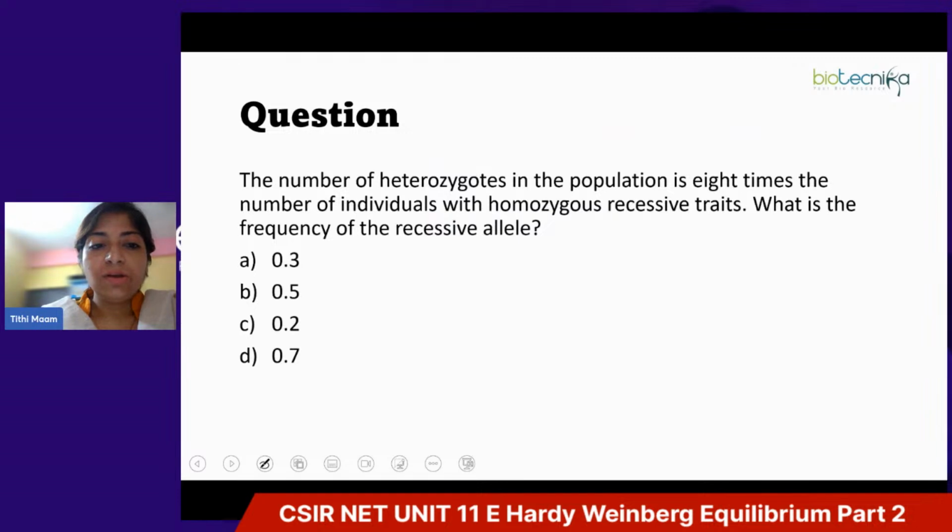Okay, next question. The number of heterozygotes in the population is 8 times the number of individuals with homozygous recessive trait. What is the frequency of the recessive allele in such a population?